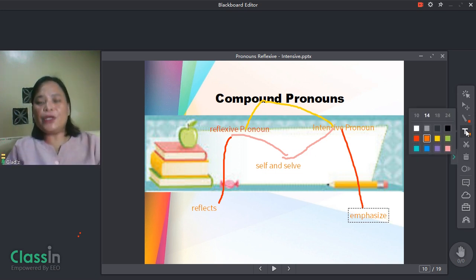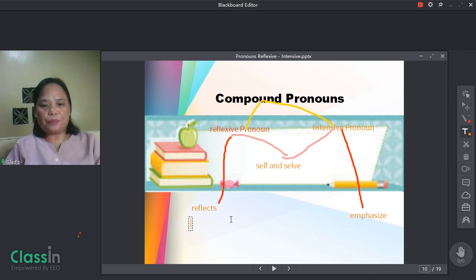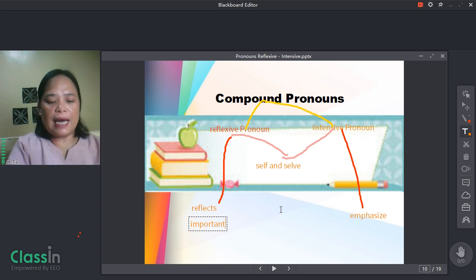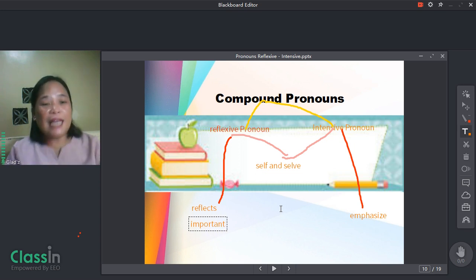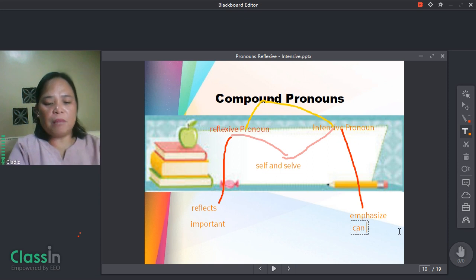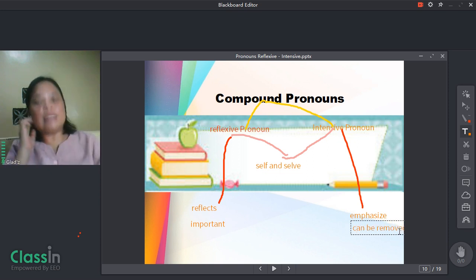And another difference of the two is that the reflexive pronoun is important in the sentence and we cannot omit it. While the intensive pronoun can be removed in the sentence.